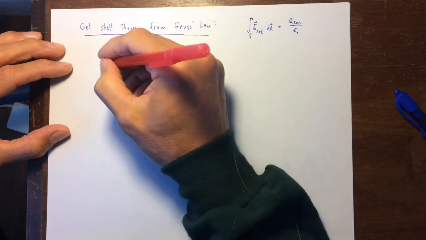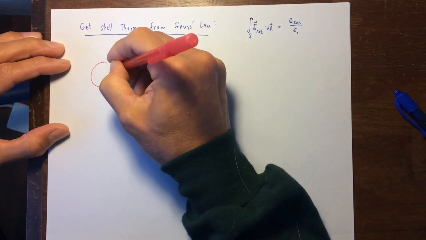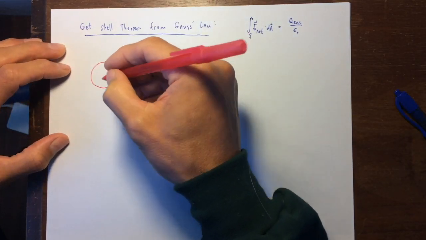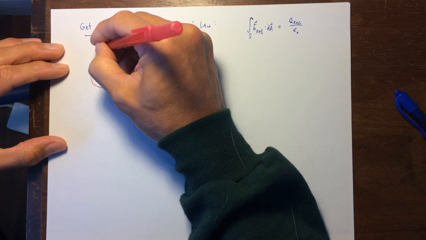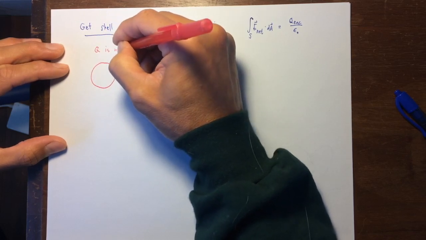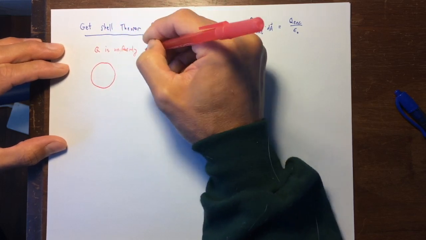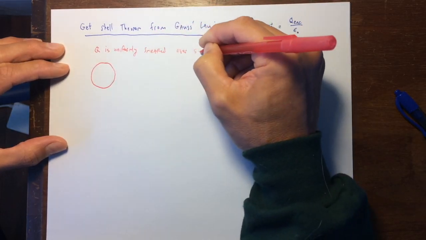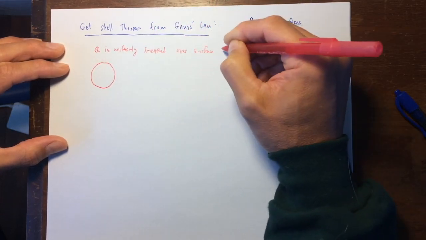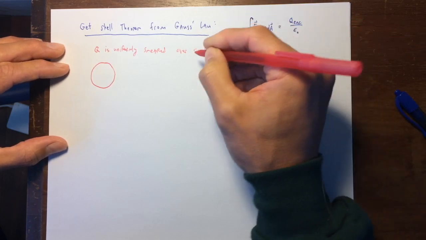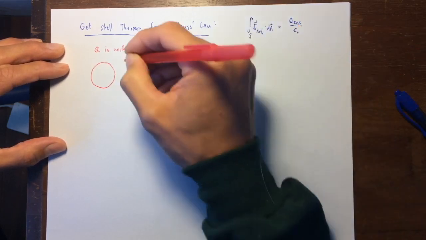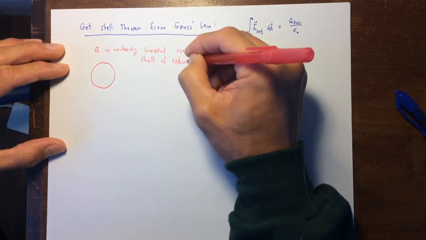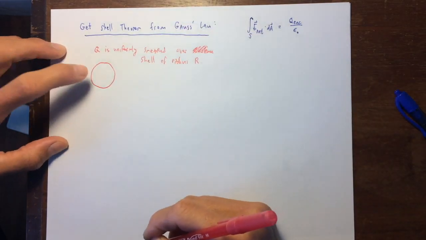So let's say that this is the charge distribution. So Q is uniformly smeared over the surface of a shell of radius capital R. So here it is.